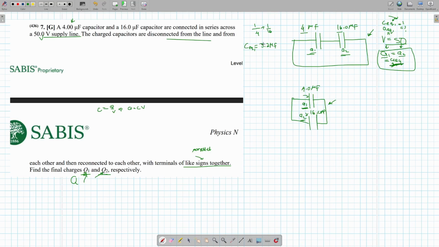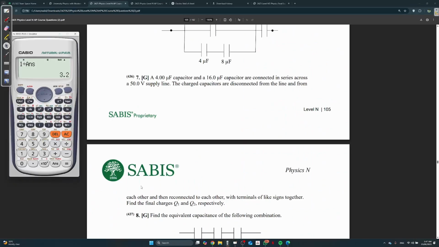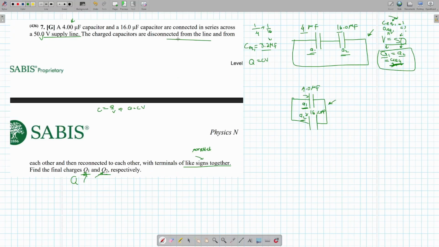So we now know the C equivalent, the total capacitance, we added them up, we got 3.2. We know voltage is 50, so we can easily do Q is equal to CV. 3.2 times 50. You get 160, right? So 160 times 10 to the minus 6, which is 1.6 times 10 to the minus 4 farads.